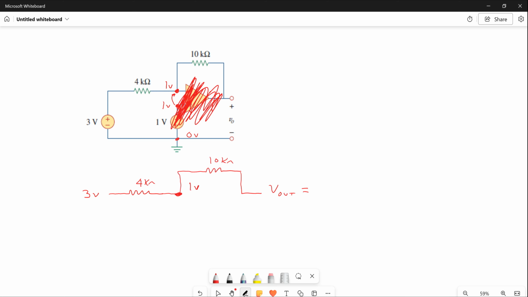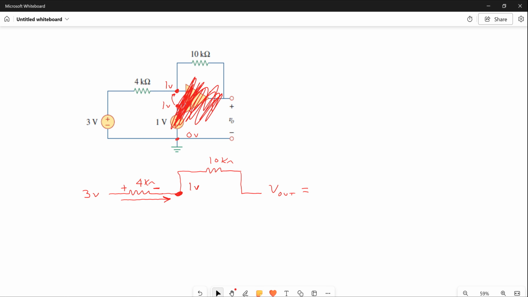With that information, you should be able to find V out ignoring the op amp once you've projected the voltage. So how do you do that? Well, using Ohm's law, I know that current has to go from the more positive voltage to the more negative voltage. Current has to flow through the 4K resistor left to right, because 3 volts is greater than 1 volt.